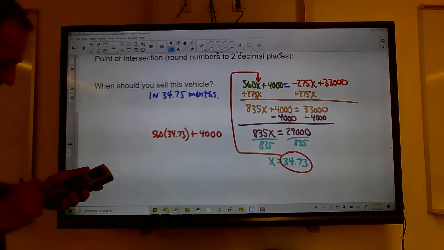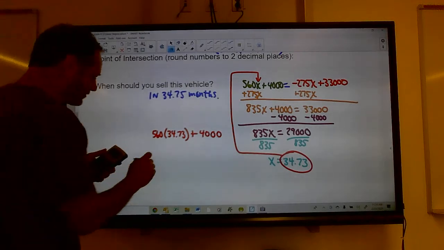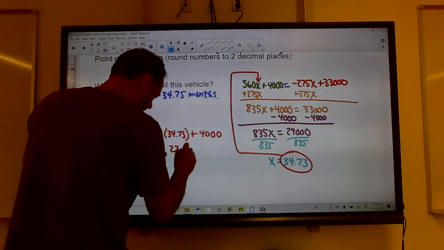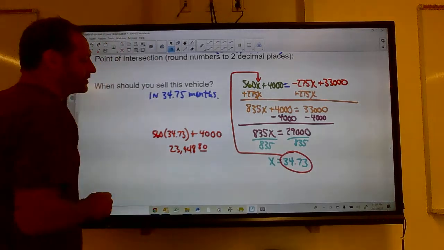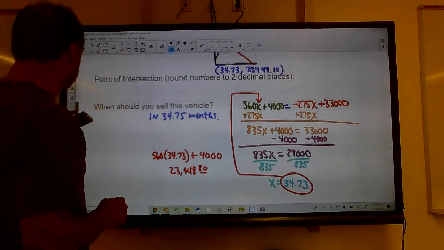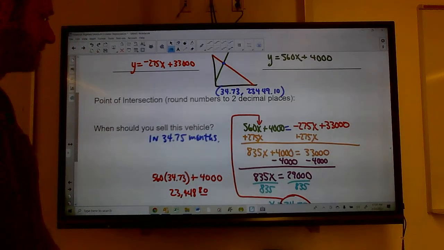So do that on my calculator. 560 times 34.73 plus 4,000 comes out to $23,448.80, which is really close to my answer. I'm off by 30 cents. So that's good enough for me.